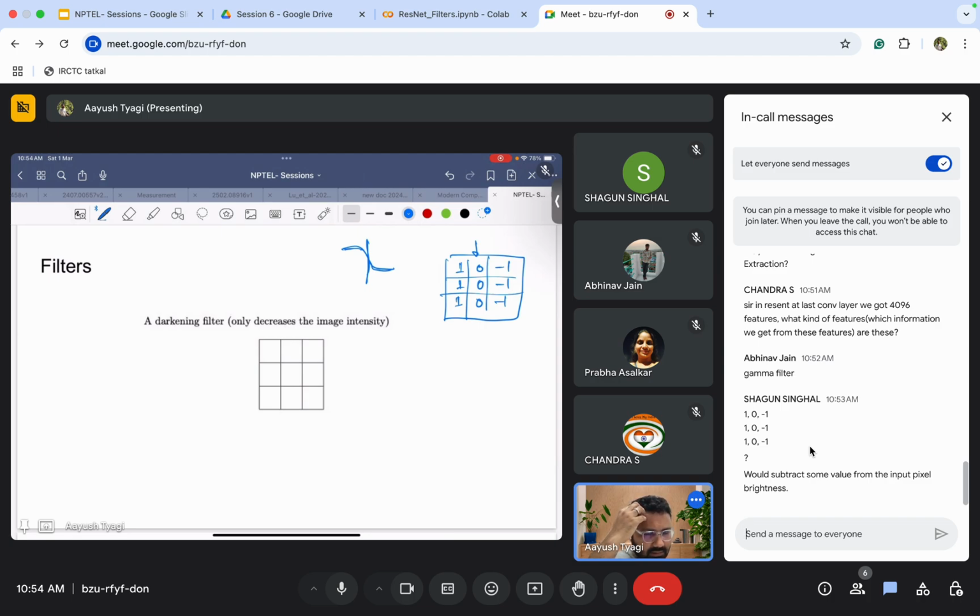How does it subtract some values? Okay, let us say the input image is all 5s, and they become 0.